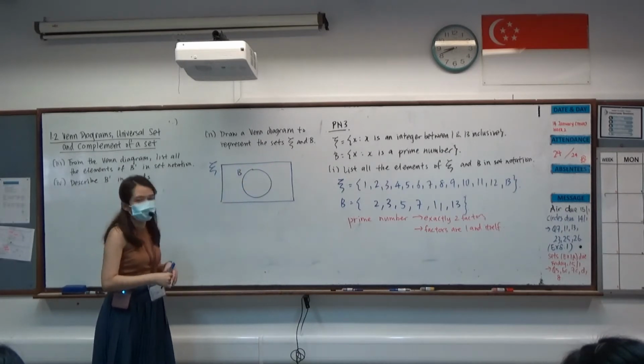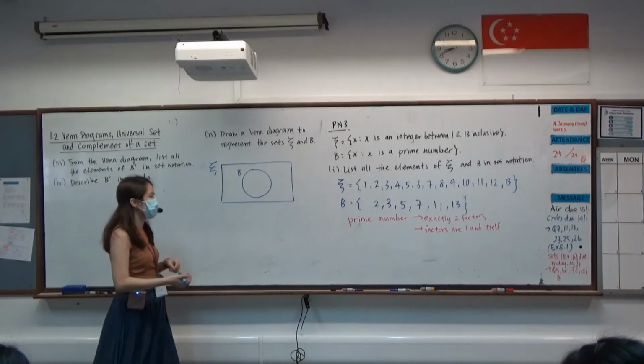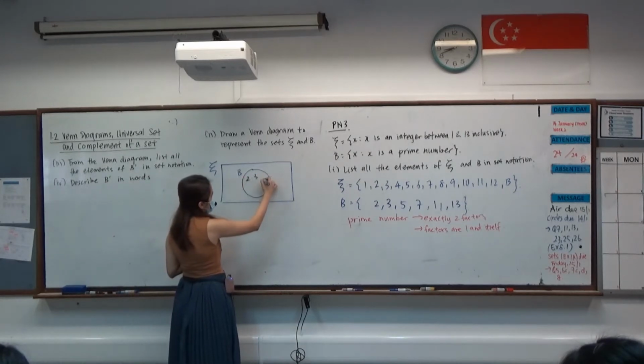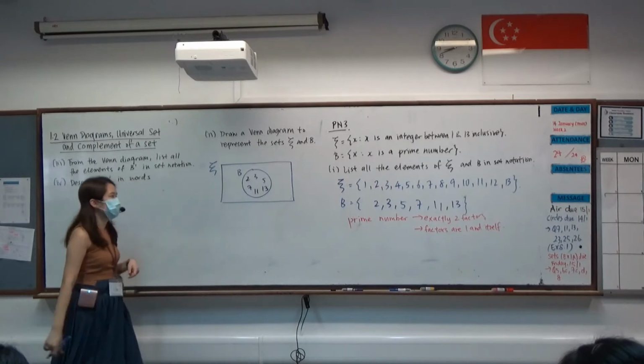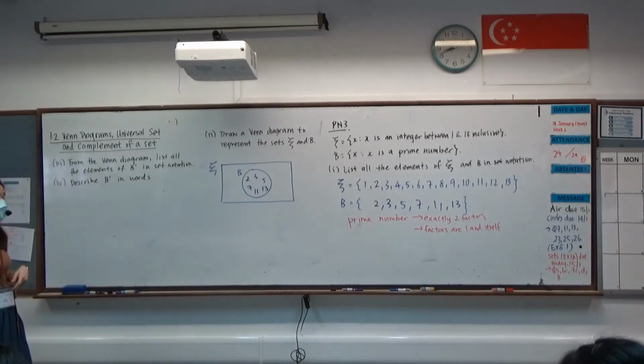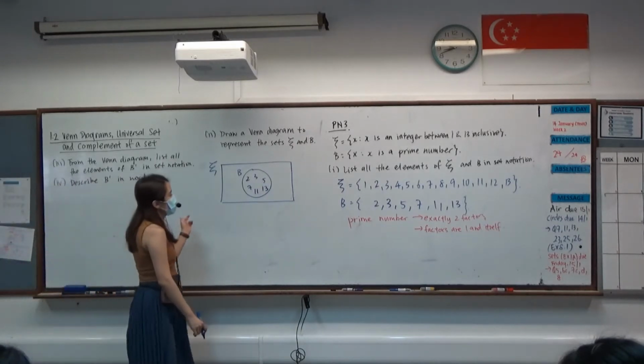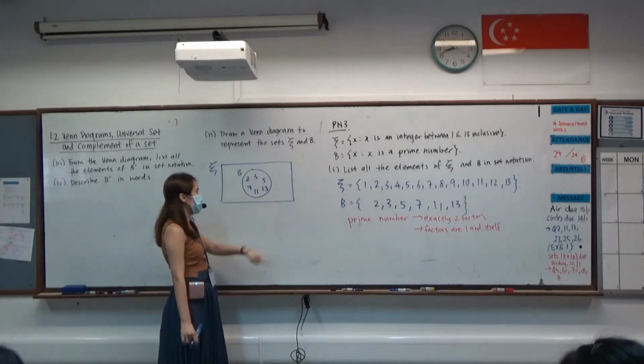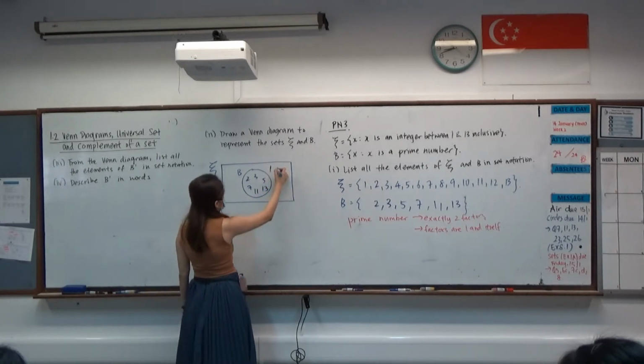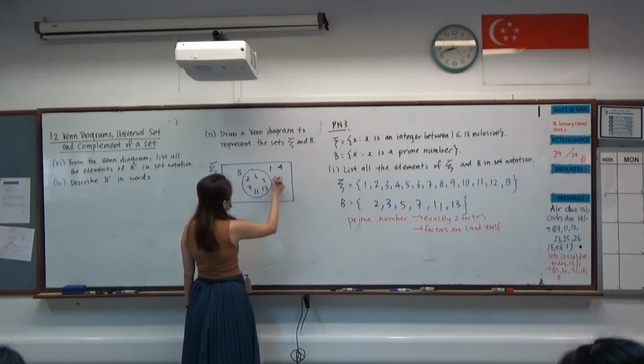And now we put in the numbers. It's easier to put in the numbers for B first, since you already listed them out. So we should have 2, 3, 5, 7, 11, 13. Then those that are not found inside B, you have to put outside. So that will be 1, 4, 6, 8, 9, 10, and 12.